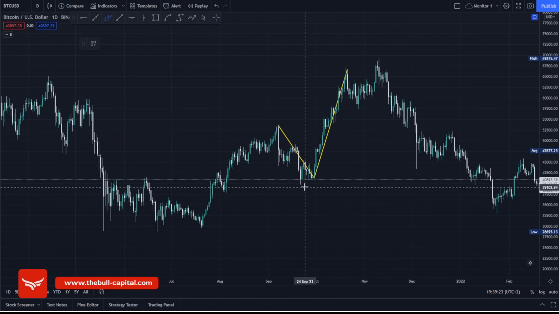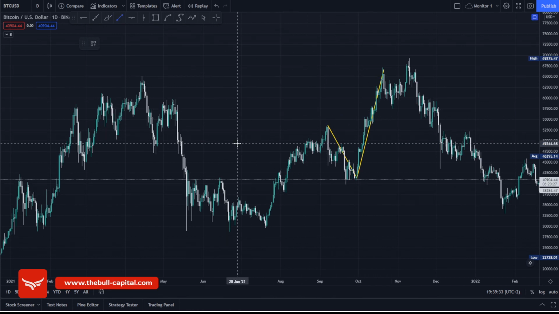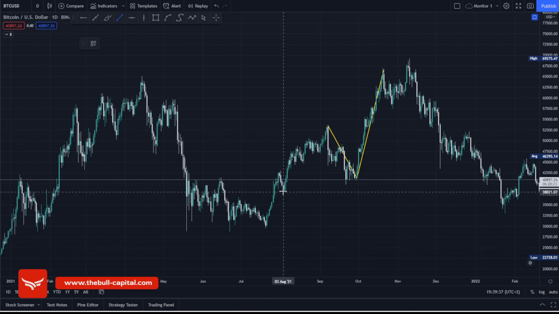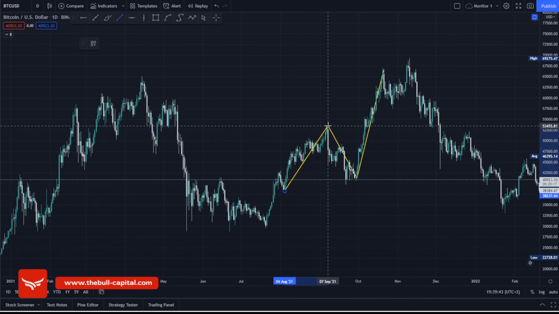Now here this is our valley. Let's go a little bit back. Here we have another swing high from this price until this high here.